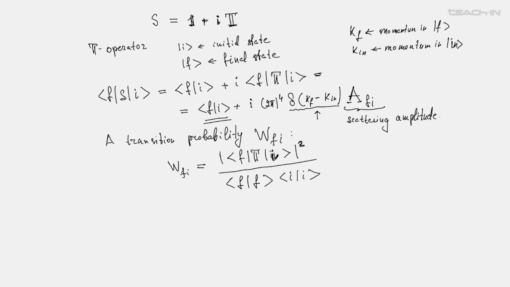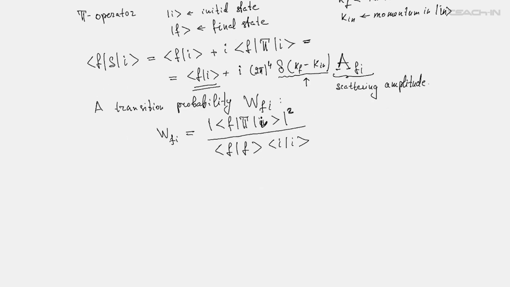And to understand how to treat this problem, it is instructive to consider the scattering process in a very large but finite volume. So to understand how to treat this delta function properly, one needs to go to the finite volume.